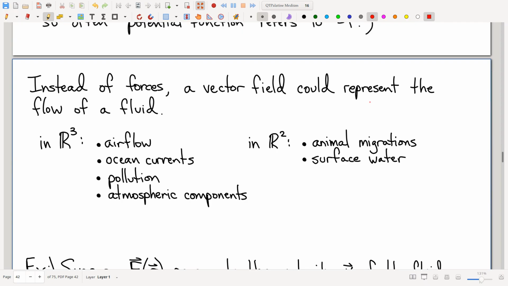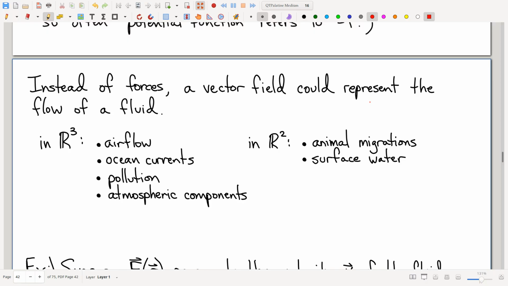Here are just a few more examples of kinds of fluids that you might want to model with a mathematical construction, and for which vector fields are the perfect mathematical tool. So in space, you can talk about how air flows. Right here we are in a three-dimensional room, and the AC is on, thankfully. So the air is coming out of those holes and going into those holes, something like that, and there's a certain amount of air moving around the room.